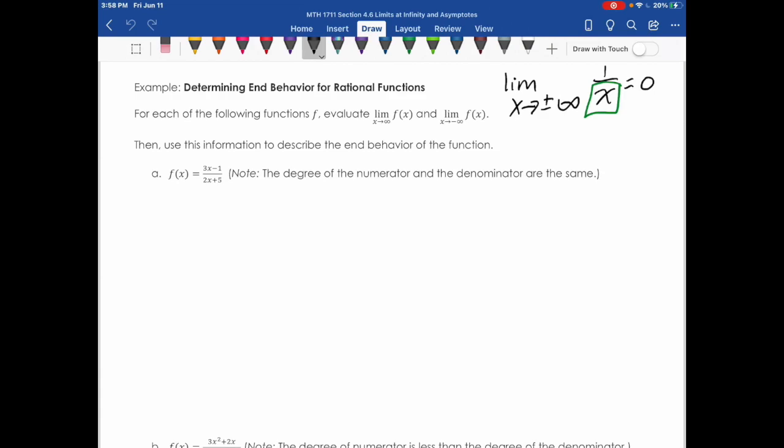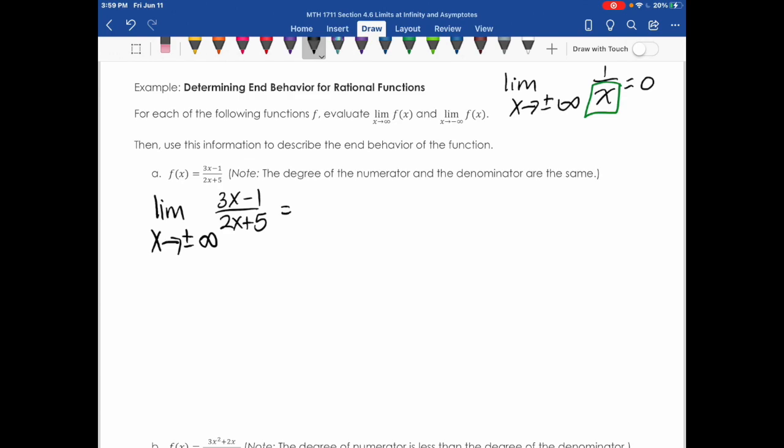So to find the end behavior of a rational function, we're going to take the limit as x approaches negative or positive infinity. As x goes all the way to the right and as x goes all the way to the left, what happens to the function? So we're going to take the limit as x goes to positive and negative infinity of 3x minus 1 over 2x plus 5.